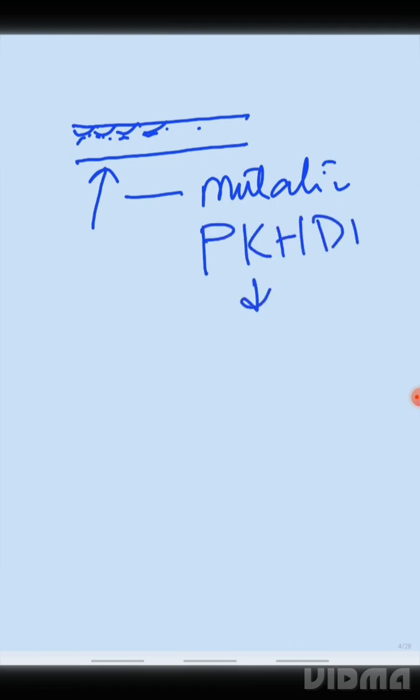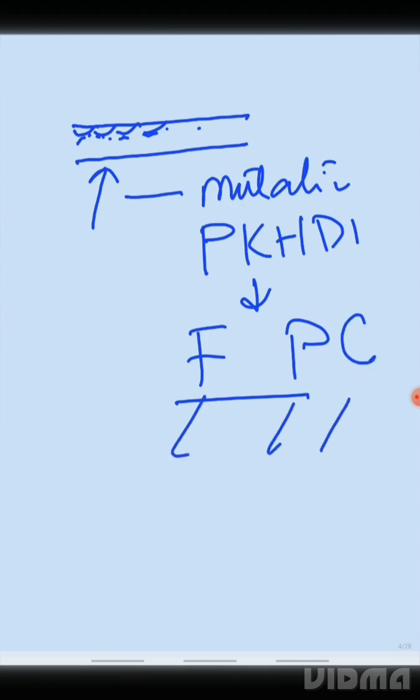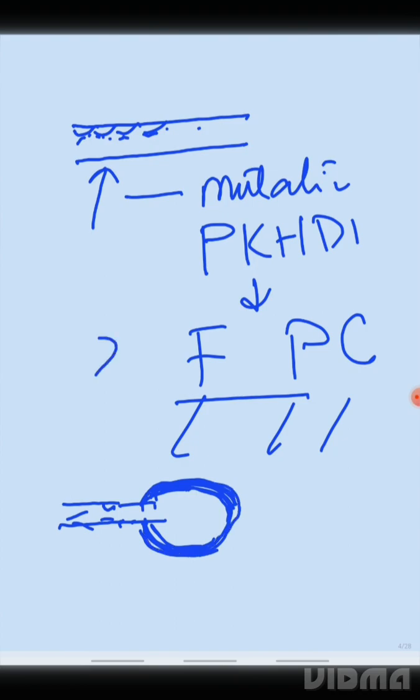If this is disturbed because of the mutation that has occurred in PKHD1, which encodes for a protein called FPC, fibrocystin polyductin complex, then the normal epithelium is disrupted, the cells are disrupted, so it leads to a saccular dilatation in that very area because the integrity of the epithelium is lost, and it leads to cyst formation in that very area. It could be liver, it could be kidneys. So in both cases, it can happen.